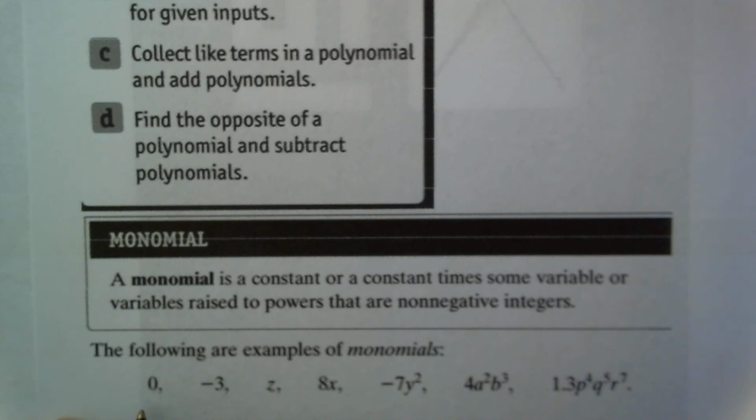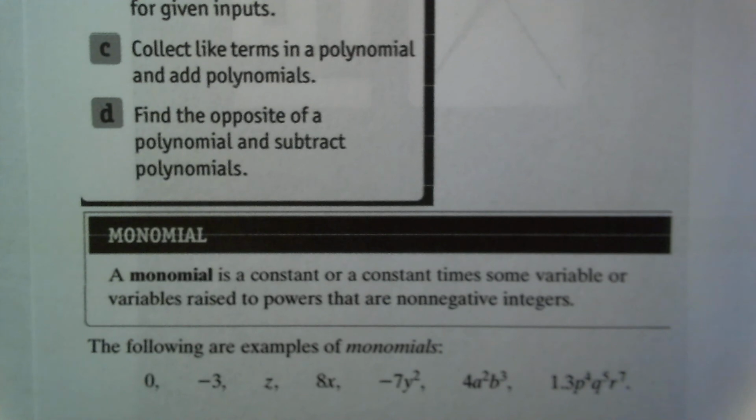So here are examples of monomials: 0, minus 3, z, 8x, minus 7y squared, 4a squared b to the third power, 1.3 p to the fourth, q to the fifth, r to the seventh power. So these are examples of monomials.